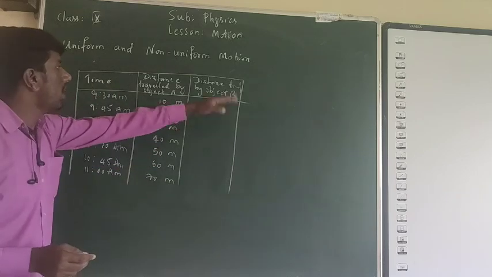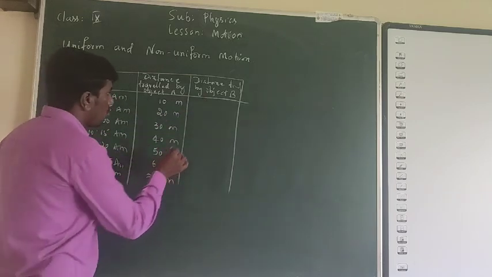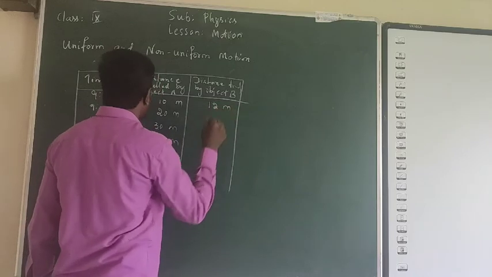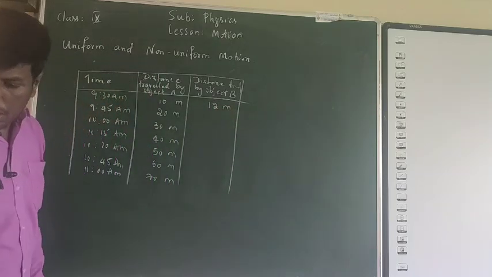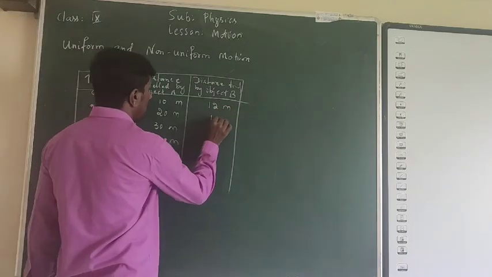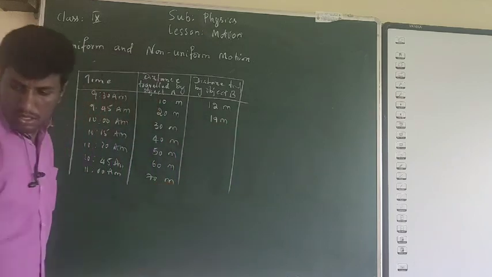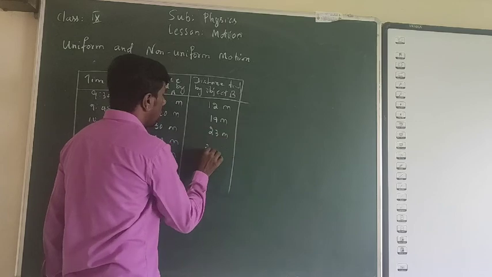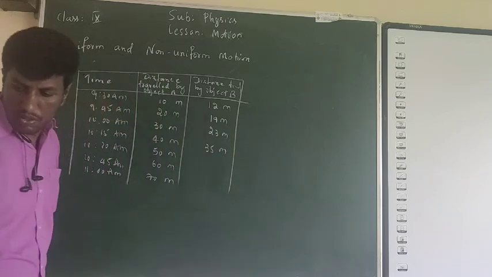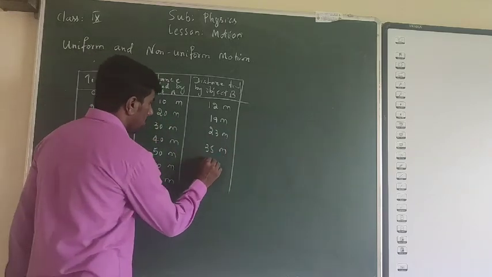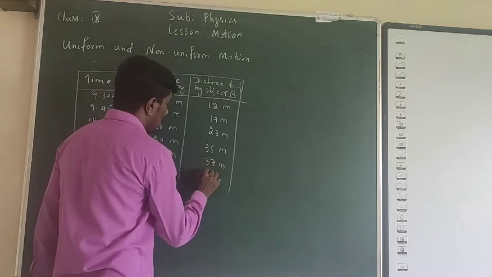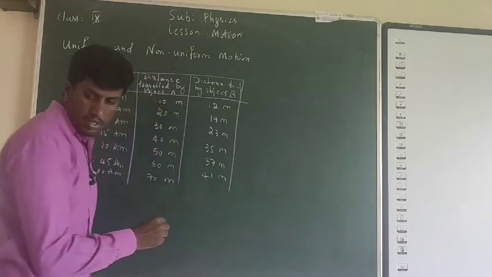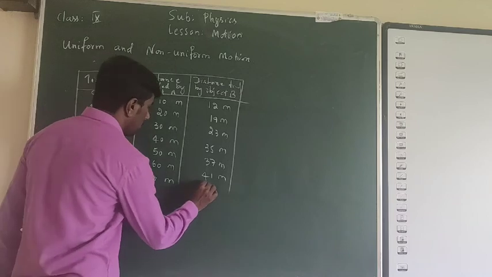So distance traveled by object B, that is 12 meter at 9:30. Then 23, 35, 37, 41 meter, then 43.